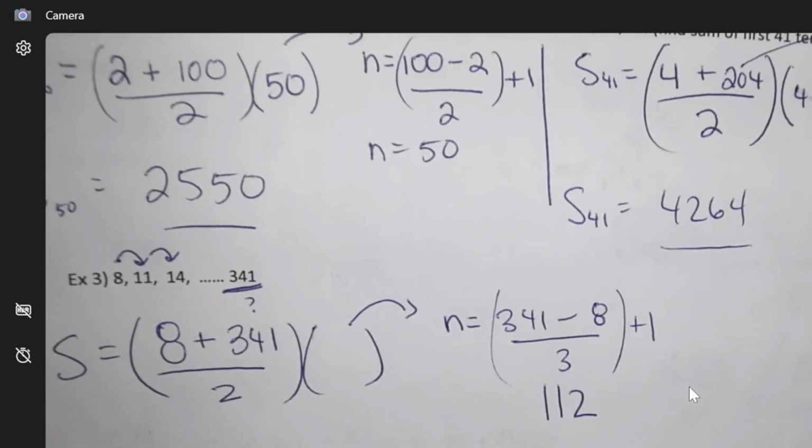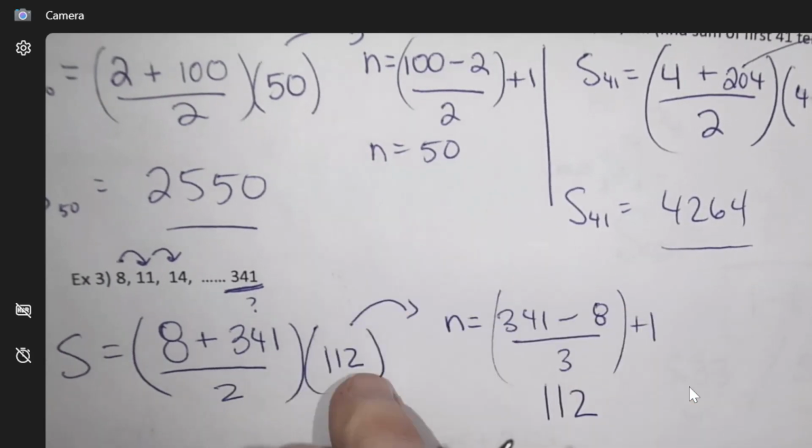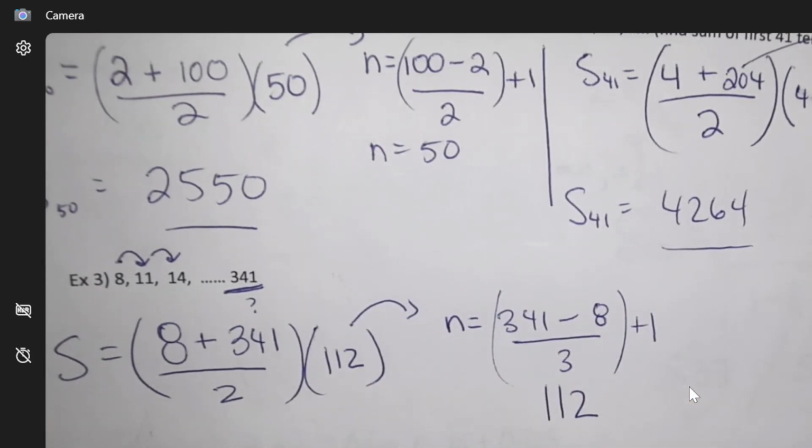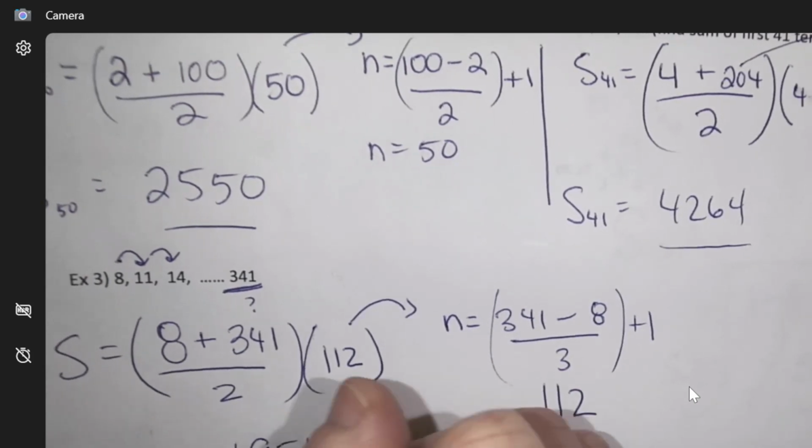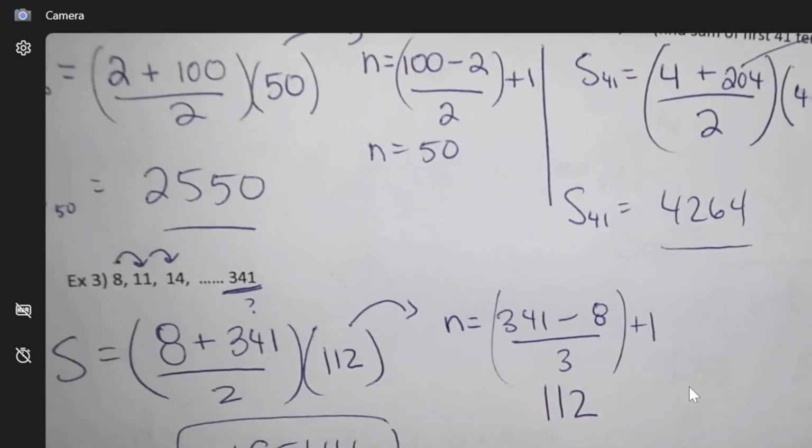And let me know if we match or if we don't match. Okay, then once I'm done that, I take the 112 and I put that into the n part of the original formula. And the number's big because it's me adding 8 plus 11 plus 14 plus. You're adding all these numbers together, and that's what you do.